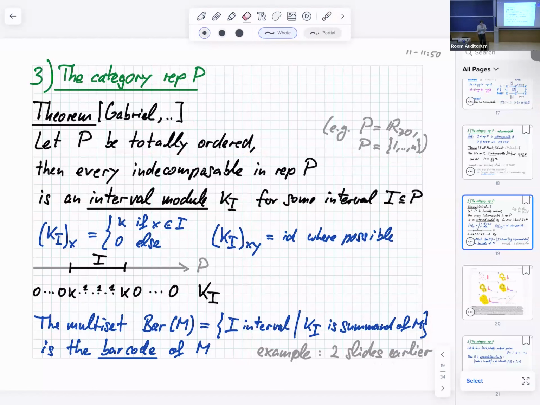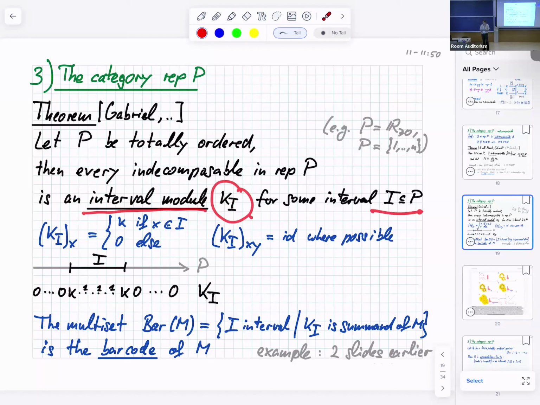So the general result for a totally ordered poset is the following. We know the indecomposables in this case. Every indecomposable is a module of a very particular form called an interval module. The notation for this interval module is k subindex I, the interval.